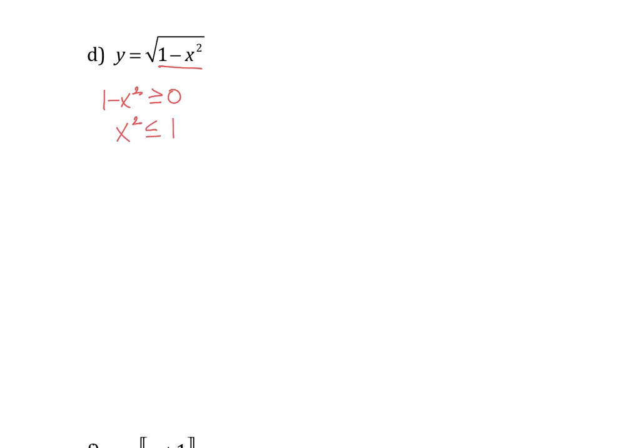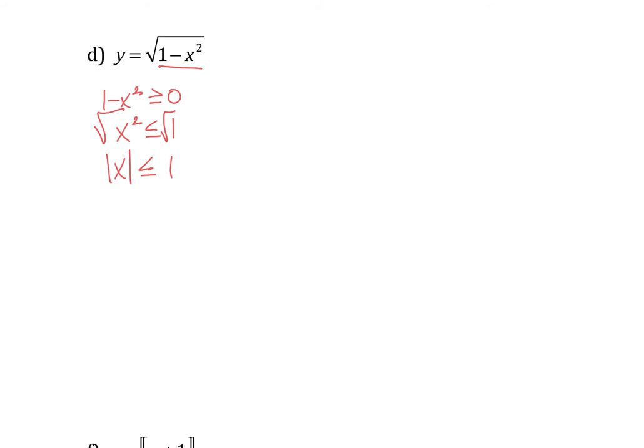And then when you go to square root both sides, you have to make sure that you're adding absolute values. Now this brings us back to the beginning of Algebra 2, which was also a review of stuff that we did in Algebra 1, which was absolute value inequalities.